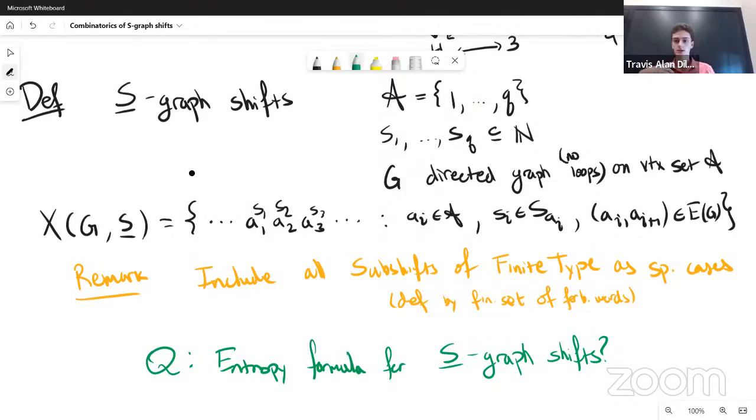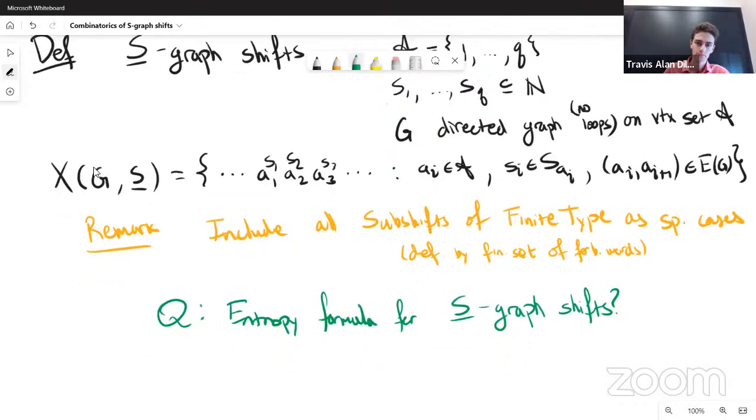So that's the main result that I want to share. I want to describe this theorem, and then walk through the main points of the proof to see how we're actually using this graph theory, how we're using some algebra and some combinatorics to actually analyze these shift spaces.